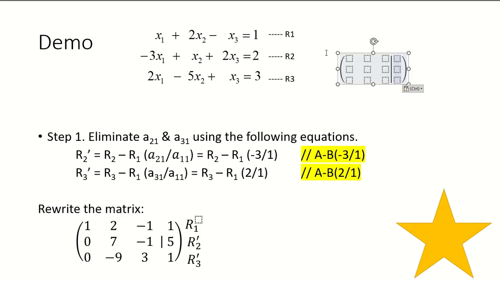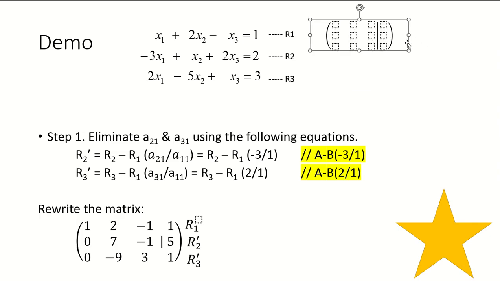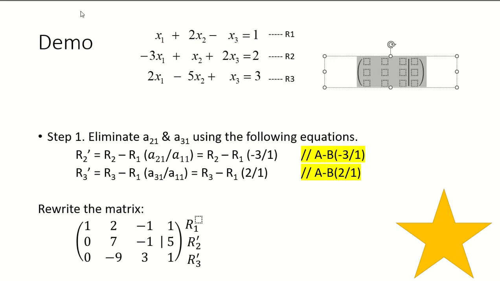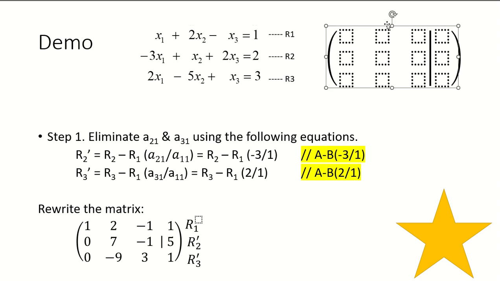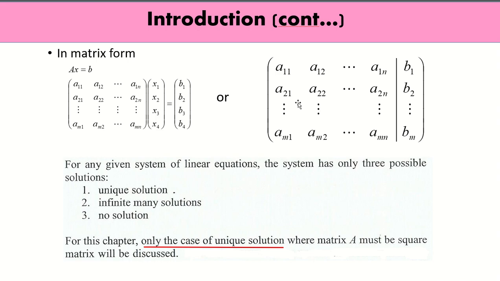So I insert this matrix. As you can see here, let me make it bigger. So where is it stated in the general form? I hope that you know how to read this one.